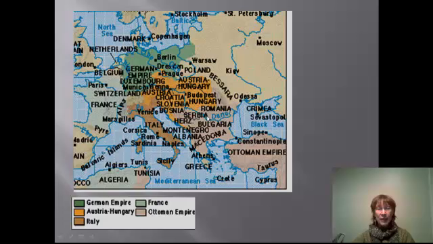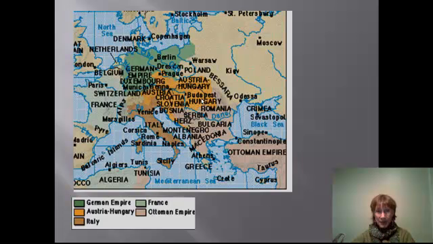Serbia plays a very important role in the events prior to the war, because Serbia is independent and very interested in uniting with other regions here that will become independent to create what they call a greater Serbia.